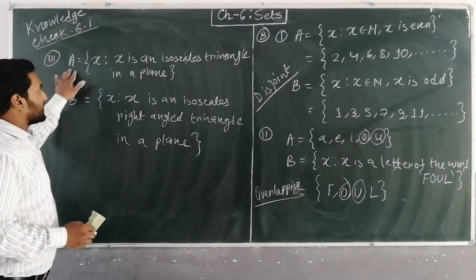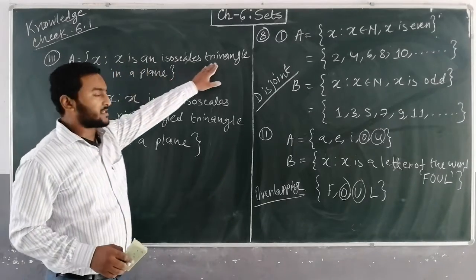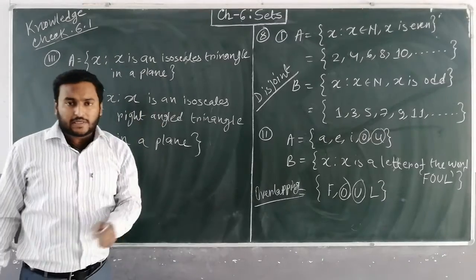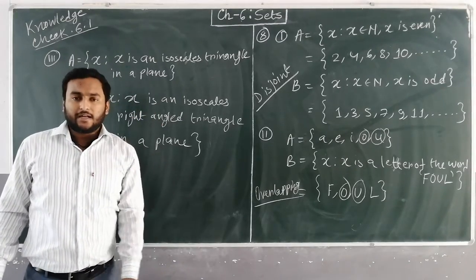So A is the set of isosceles triangles in a plane and B is the set of isosceles right angle triangles in a plane.